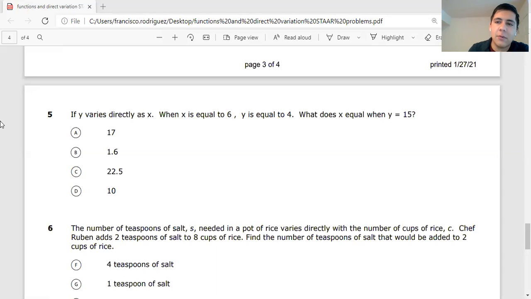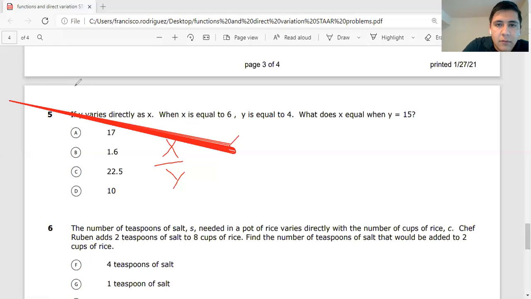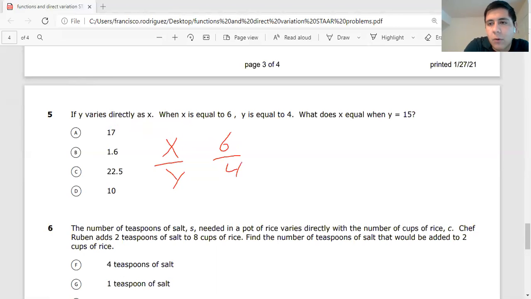It says y varies directly as x. So we can set this up as either y over x or x over y. It doesn't really matter, right? I think yesterday I did y over x, so let me do x over y this time. So when x is equal to 6, y is equal to 4.